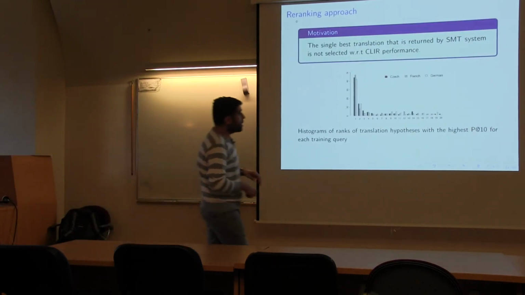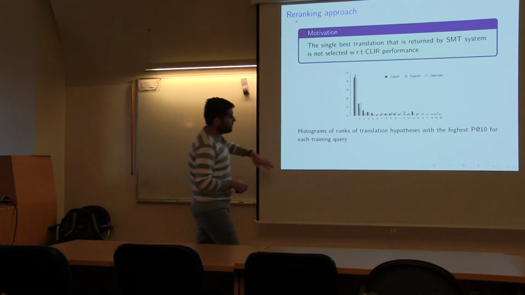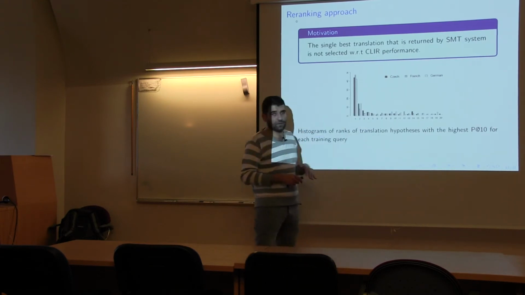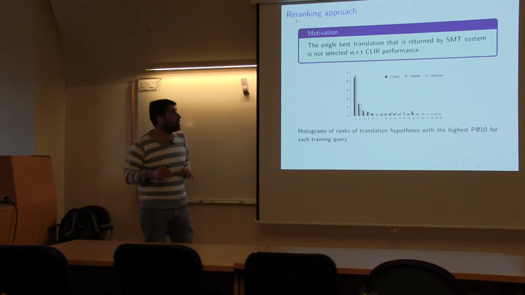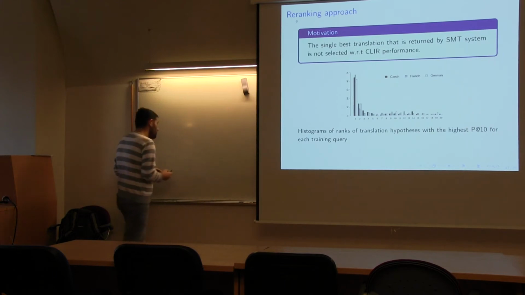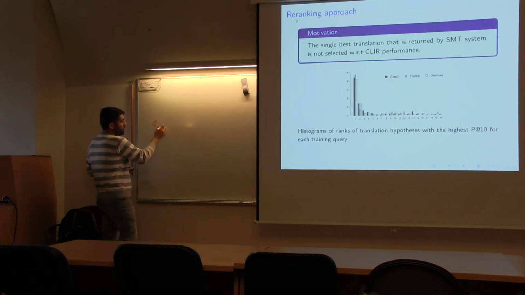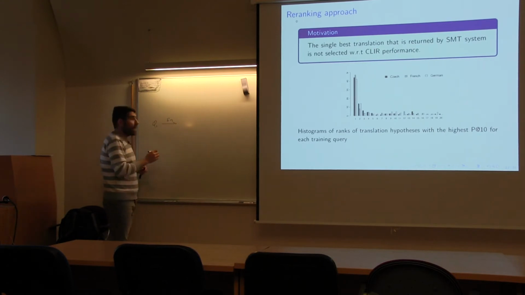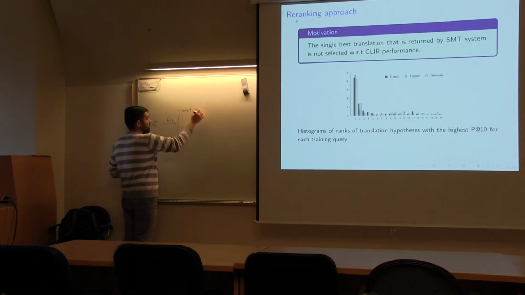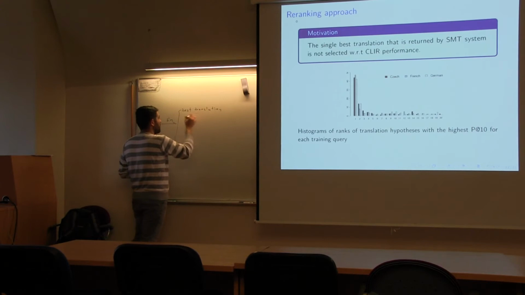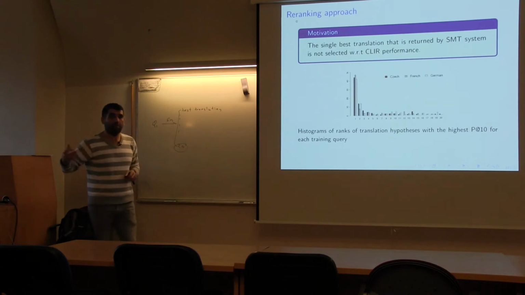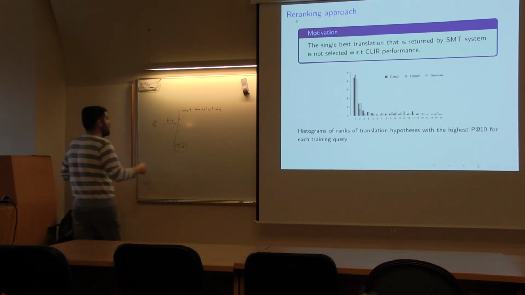So here, what we did was to see if using the best translation is a good solution or not. We translated each query into English, and then we took from the n-best list the top 20 translations. We chose this number after some tuning experiments.